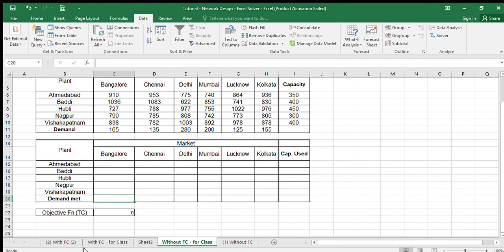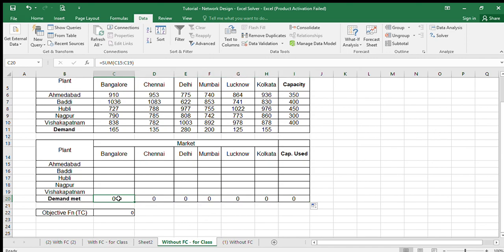Next we will take the column sum as well as the row sum. In this cell, which I have named demand met, I will take the sum of all Xij's. So it is equal to the sum of this particular column, which corresponds to the Bangalore market. I close the bracket, and then copy this function to the other columns.